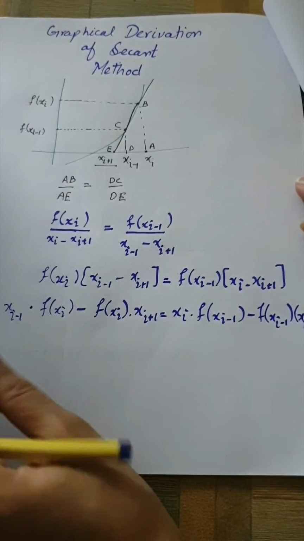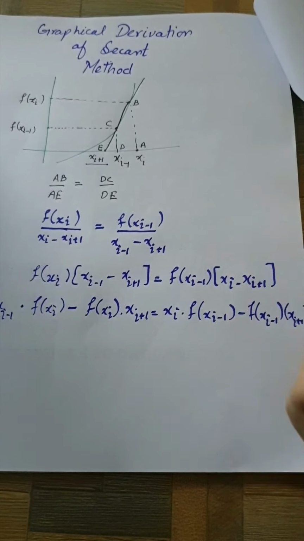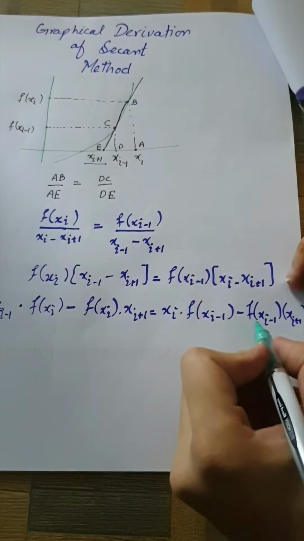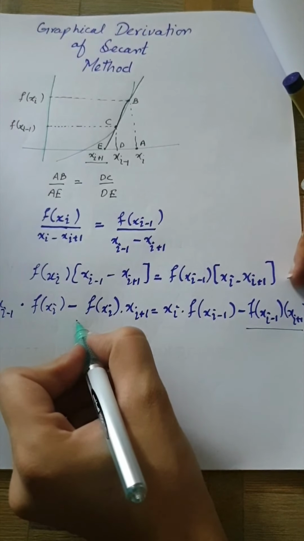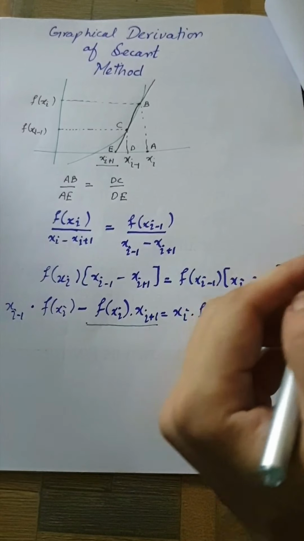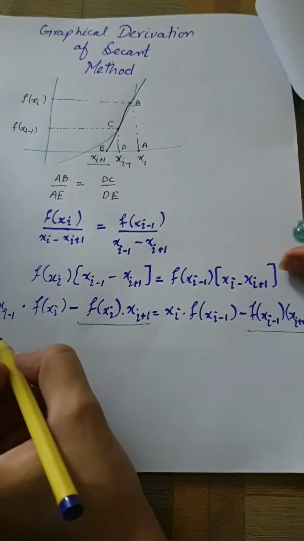Let's see, combine these two terms, x of i plus 1 and x of i plus 1, because I want to take x of i plus 1 common from here, that's why I will just merge these two terms.